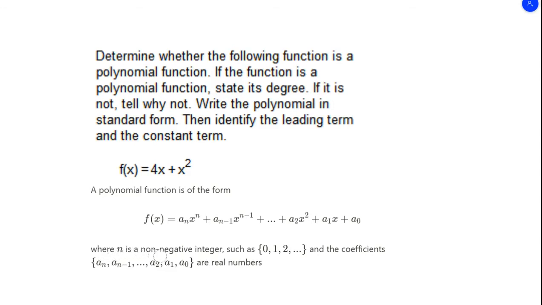When n is a non-negative integer, so remember n is the exponent on here, so n is a non-negative integer such as 0, 1, 2, and so on. So this part of the definition is describing that this exponent has to be from this group of numbers, the non-negative integers.